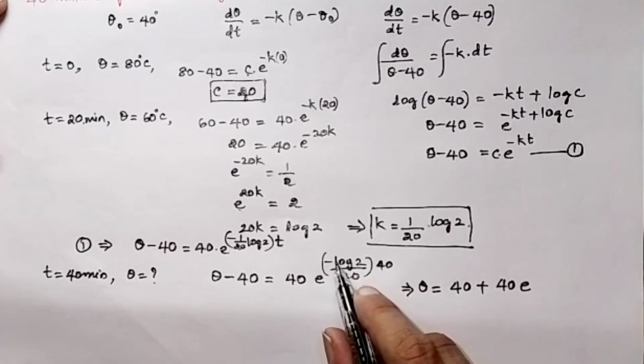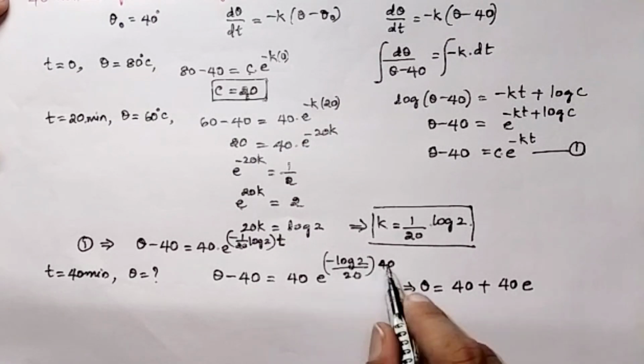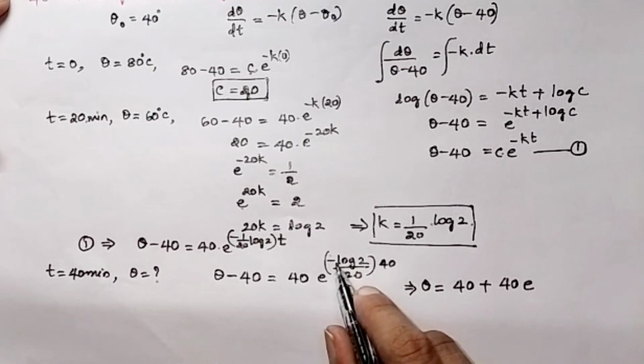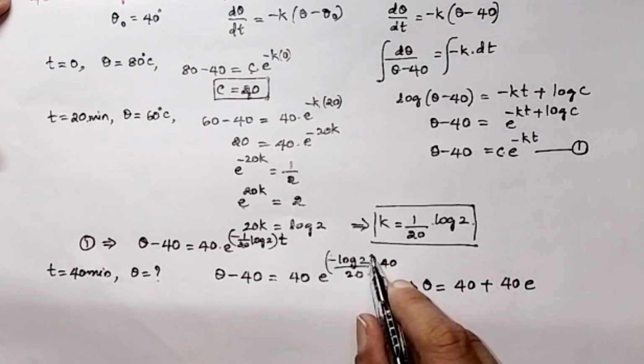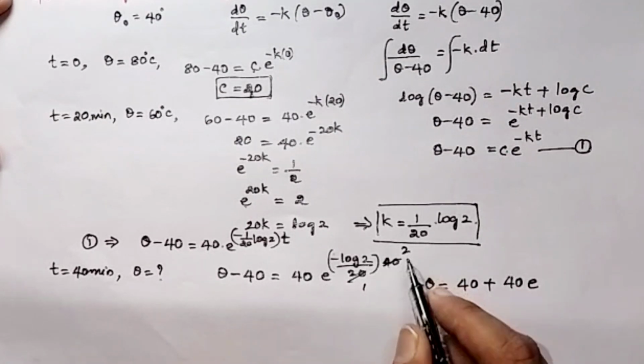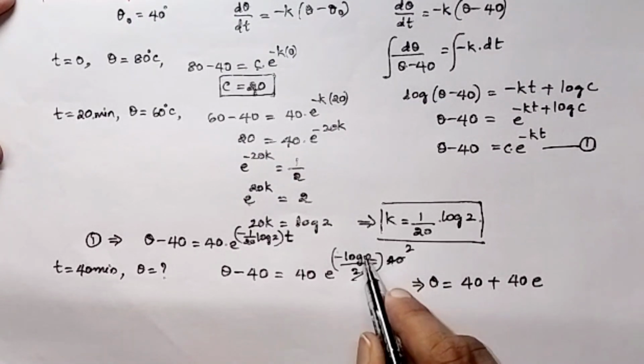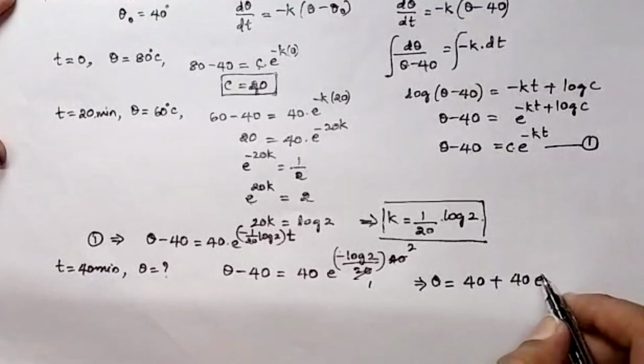Log of a to the power m is m into log a, so the coefficient goes to the power. So minus 2 log 2 changes to log 2 square, which is log of 4, with a minus sign.